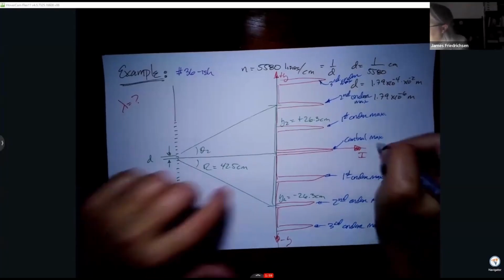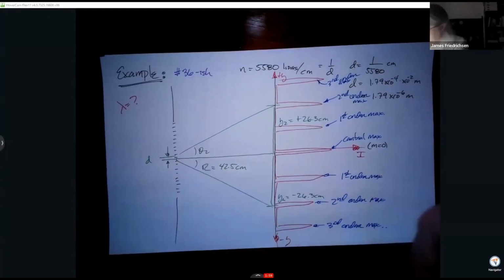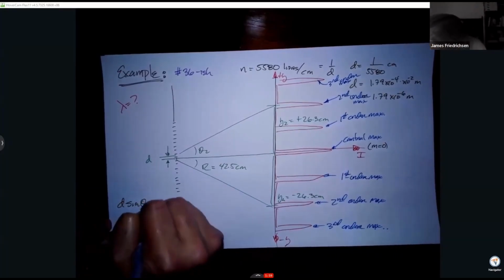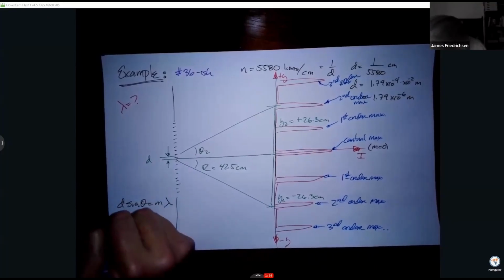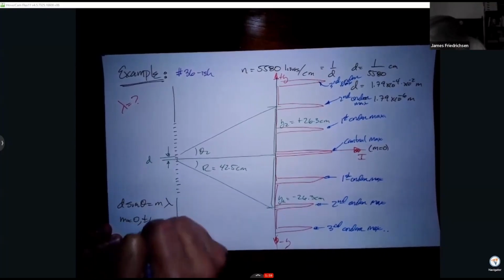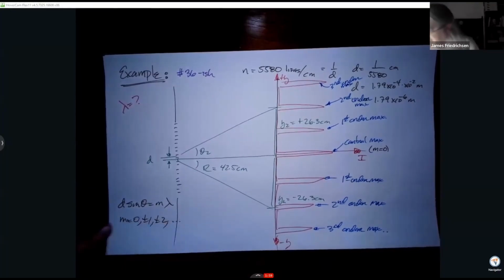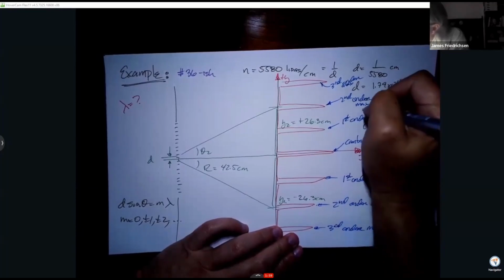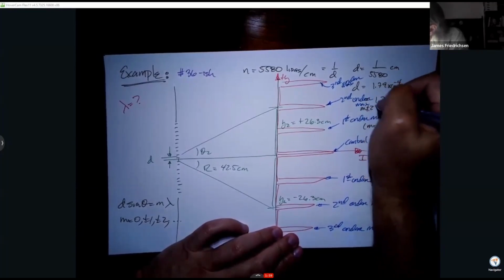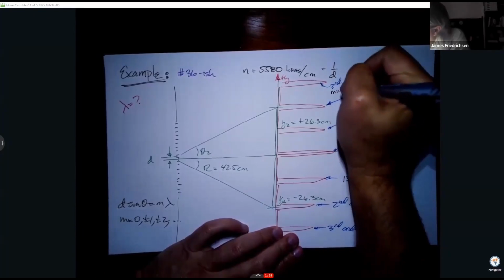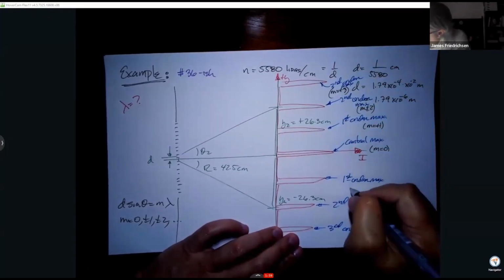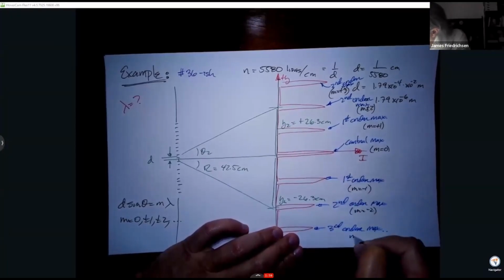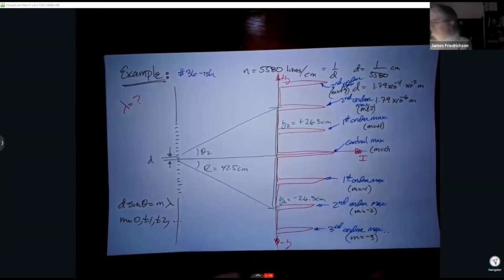And then the numbers are nice. This is the 0. So our formula is d sine theta is m lambda. And m's are all the standard things, 0, plus 1, plus 2, plus 3, minus 1, negative 2, negative 3. So like so.